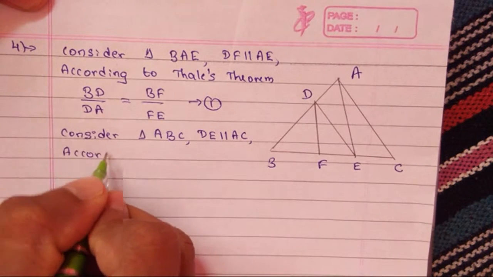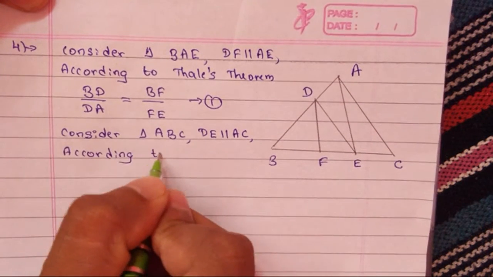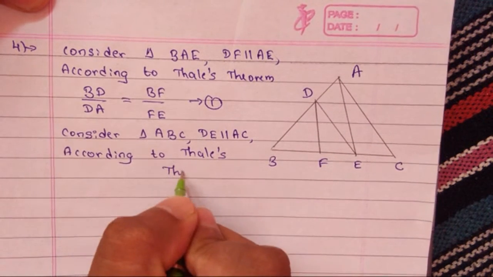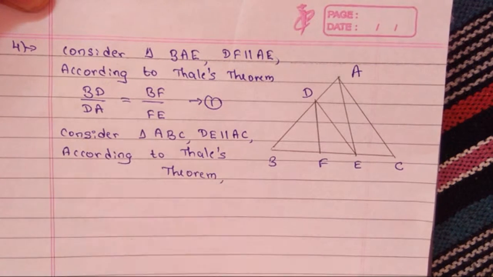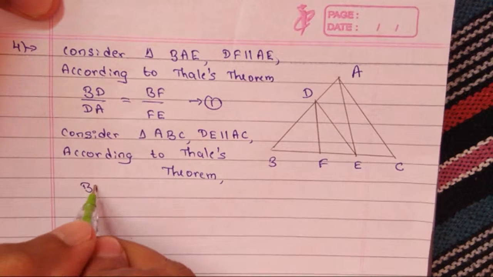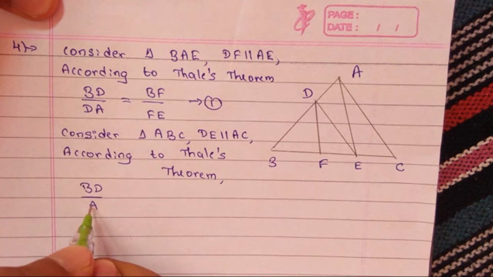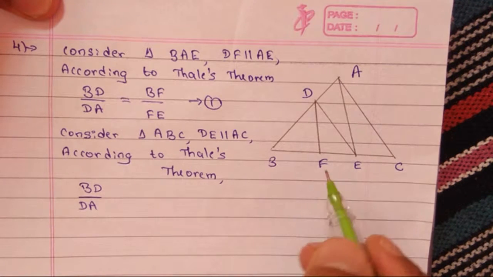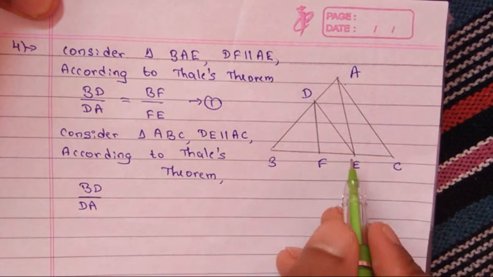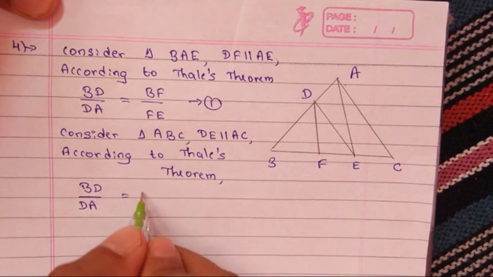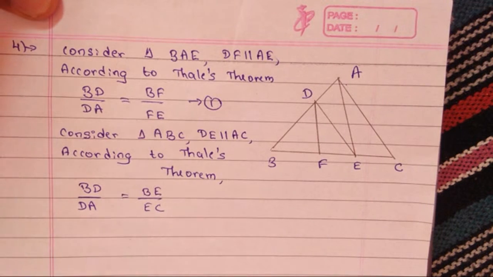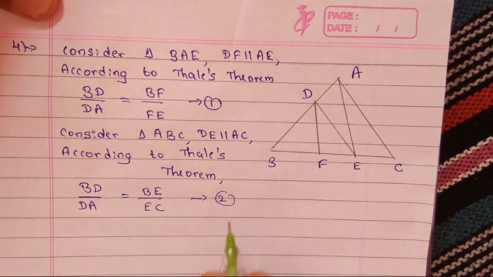According to Thales theorem, what it tells? BD divided by DA is equals to BE divided by EC. So I will call this as equation number 2.